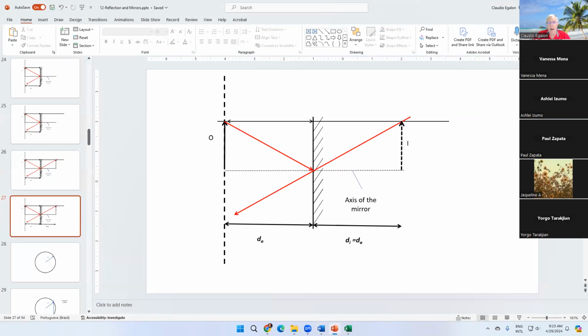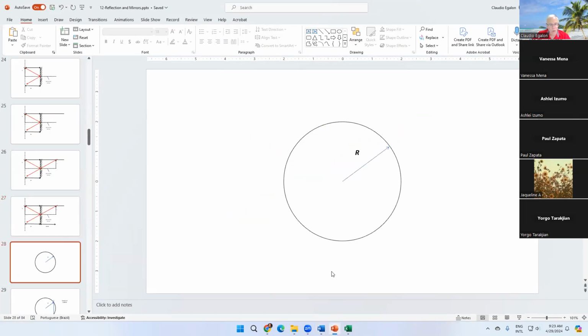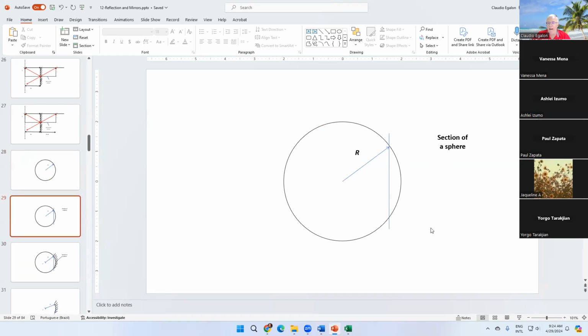So let's go here. How can a spherical concave mirror be represented? A spherical concave mirror can be visualized by thinking of a sphere of radius r. This radius r is called the radius of curvature of the mirror. We section a piece of the surface.